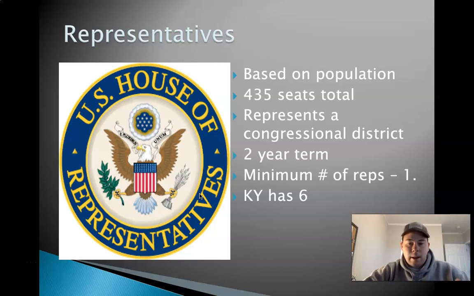So they would get 3 in Congress because they would have 2 senators and 1 representative. So every state's guaranteed at least 3 people in the U.S. Congress. Kentucky has 6 representatives, and we've talked about the Electoral College some. Because we have 6 representatives and 2 senators, Kentucky gets 8 electoral votes in the Electoral College. So just a little bit of side information there.